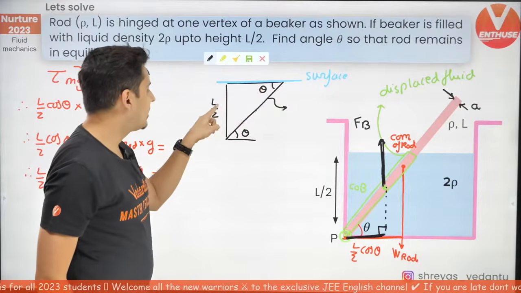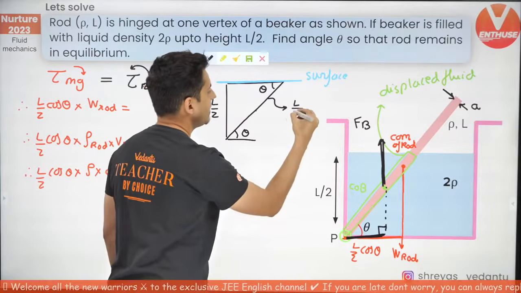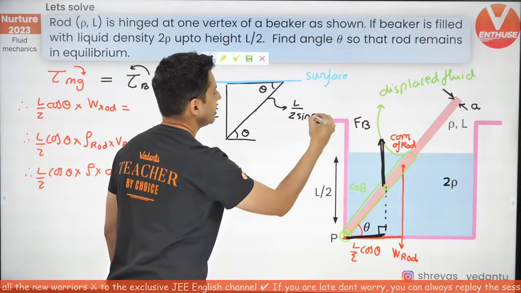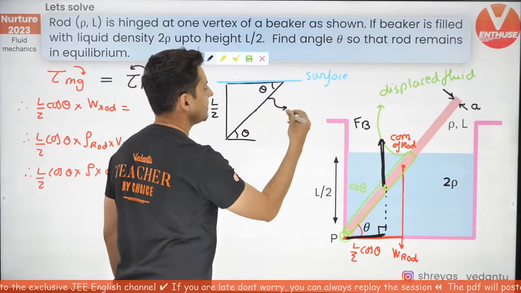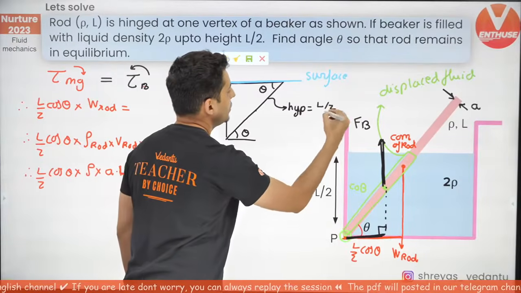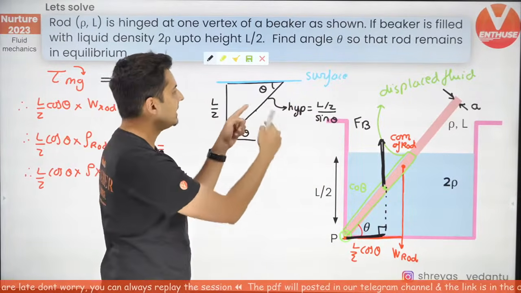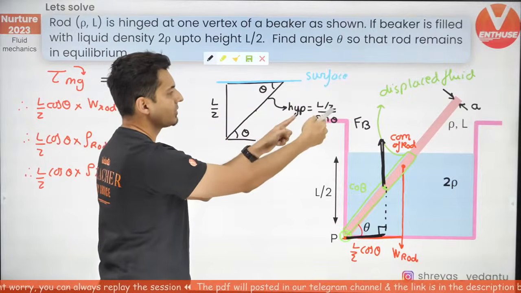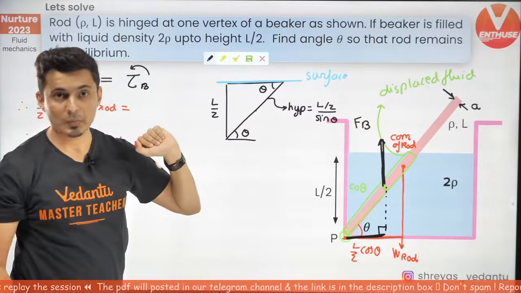L by 2 is opposite to theta. Visualize this. Think what the hypotenuse will be. This hypotenuse will be L by 2 by sine theta, because sine theta is opposite by hypotenuse. Swap the terms, you get exactly the trigonometric ratio.